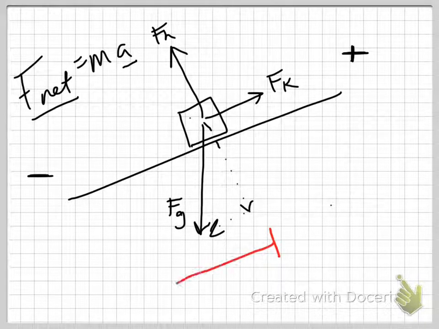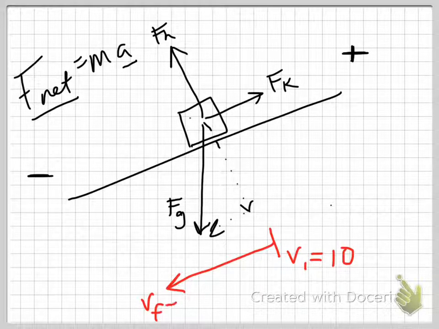So its motion is this way, but let's say its initial velocity here is 10, and its final velocity here is 0. It could be slowing down, we say it's coming to a stop. So what's the acceleration over that interval? Positive or negative? Negative, because it's slowing down.